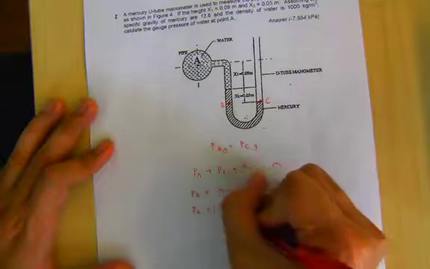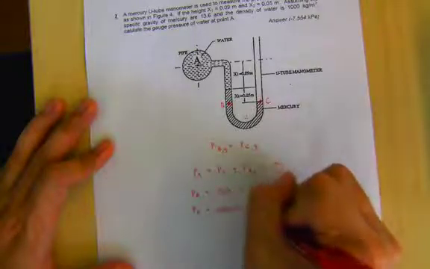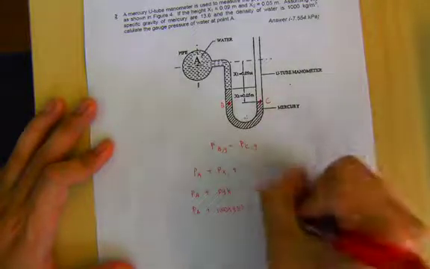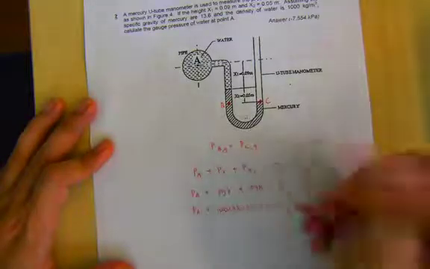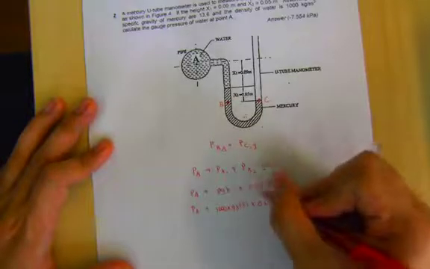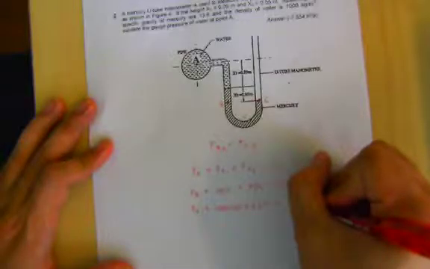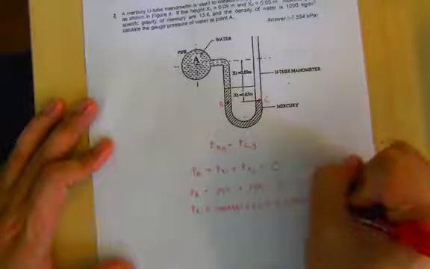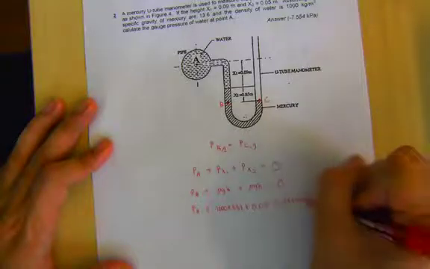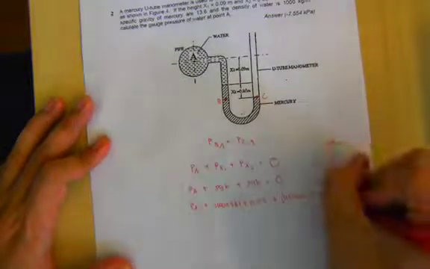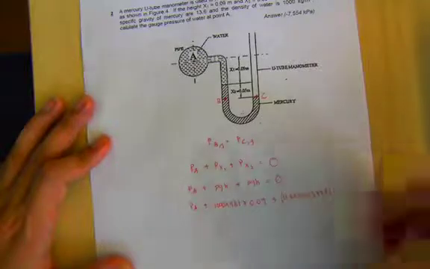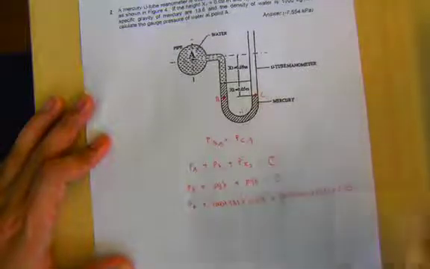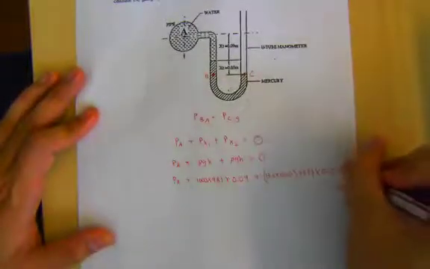X1 is due to water, so the density is 1000 times 9.81 times the height, which is 0.09, plus X2, which is mercury. Again, we need to compute the density of mercury, which is 13.6 times 1000, the specific gravity times the density of water, multiplied by 9.81, multiplied by 0.05.